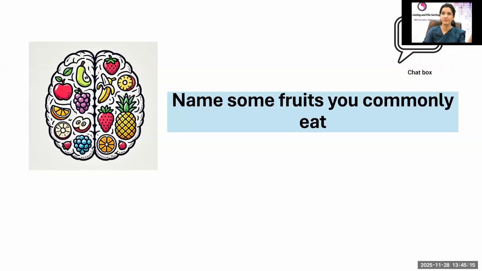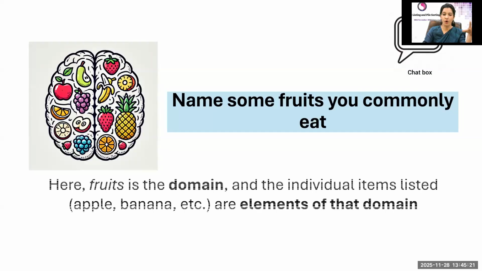Papaya, Khushbu is writing kiwi, apple, banana. Okay. So here fruit is the domain, and all the individual items you are listing, like watermelon, banana, orange, are the elements of that domain.